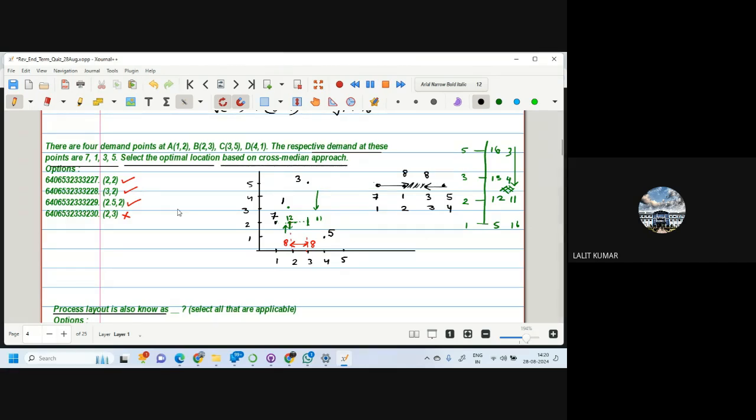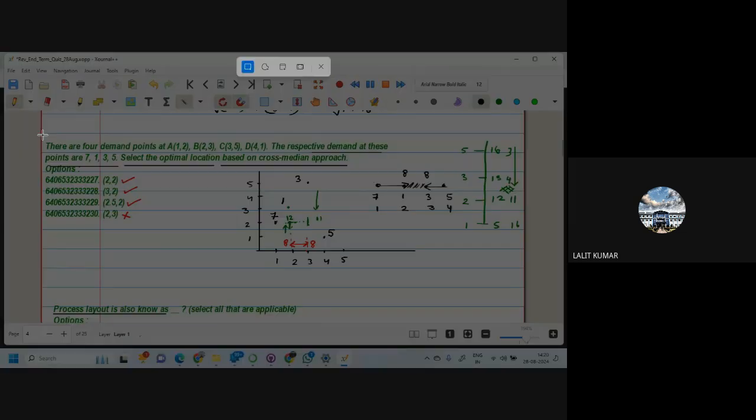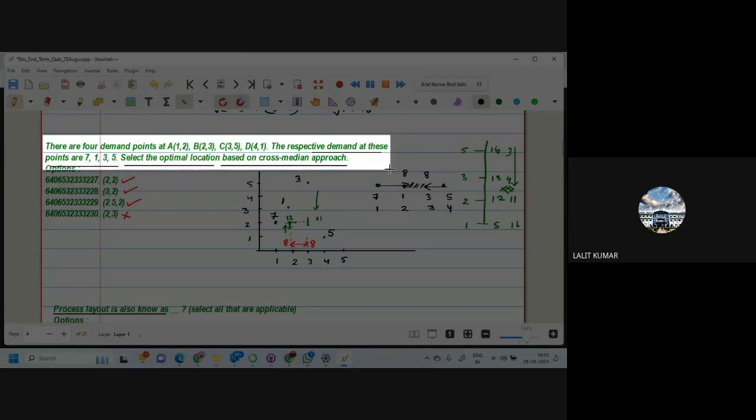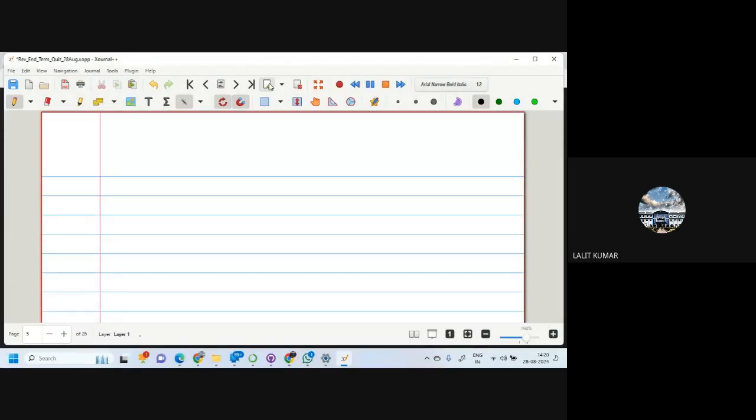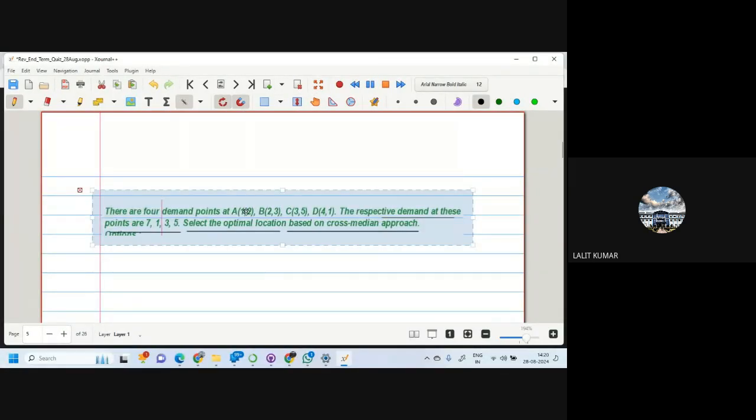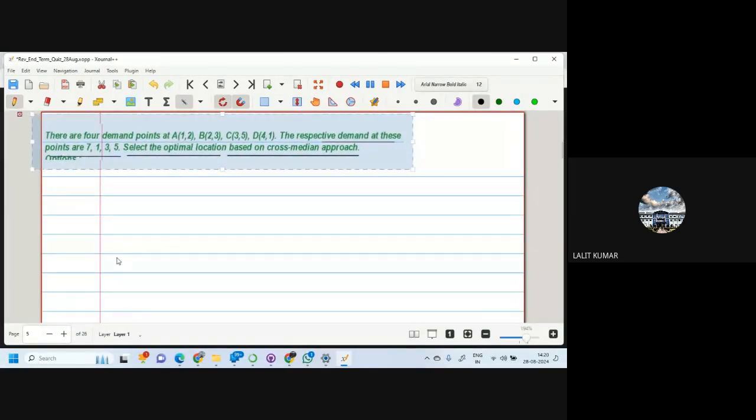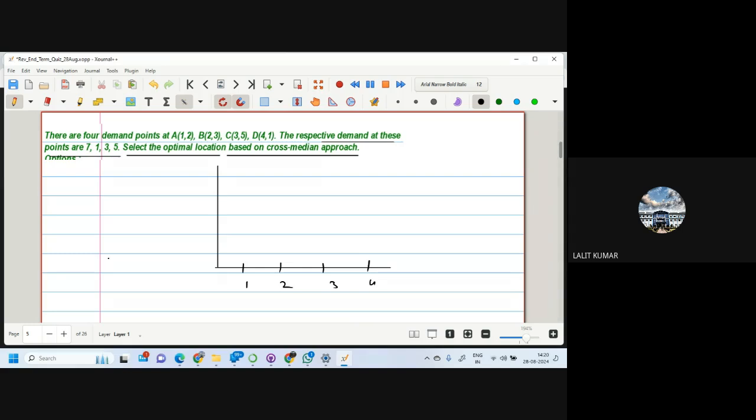So in the lecture also, the professor had covered how to solve these questions. It's a cross median approach. What we have to do is plot this and solve it horizontally and vertically. This is 1, 2, 3, 4, and 5.